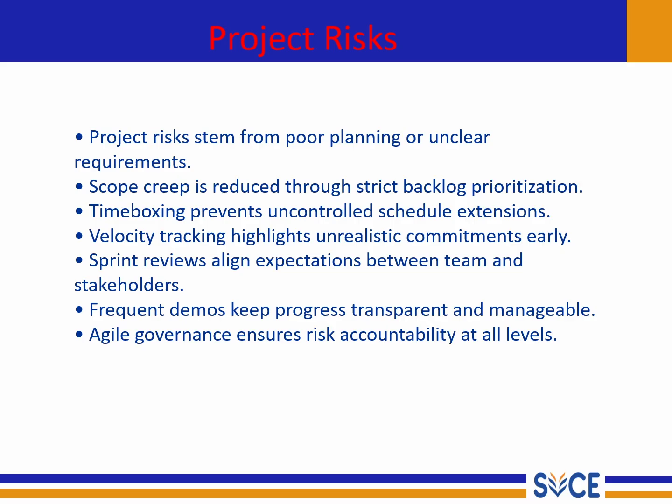Velocity tracking highlights unrealistic commitments early. Sprint reviews align expectations between team and stakeholders. Frequent demos keep progress transparent and manageable. So Agile governance ensures risk accountability at all levels.